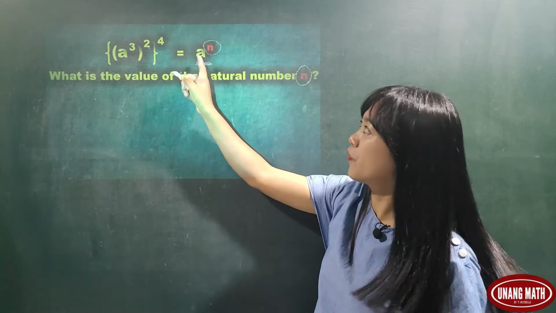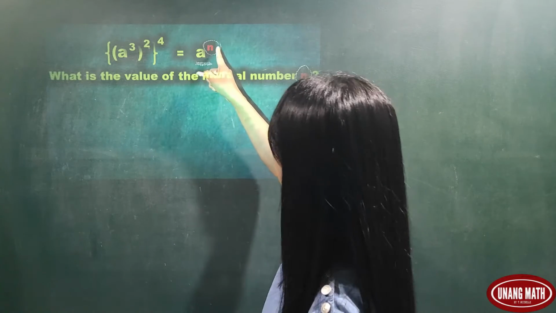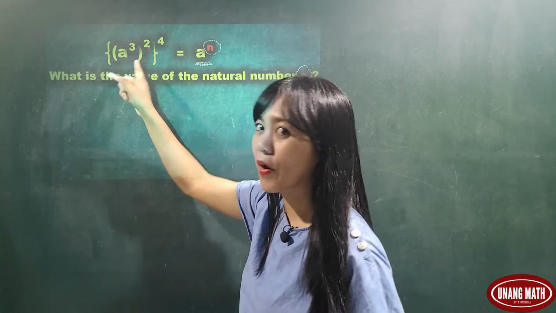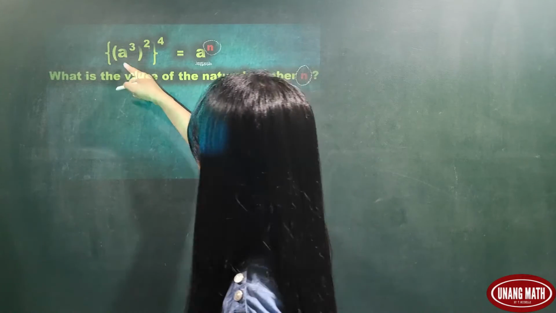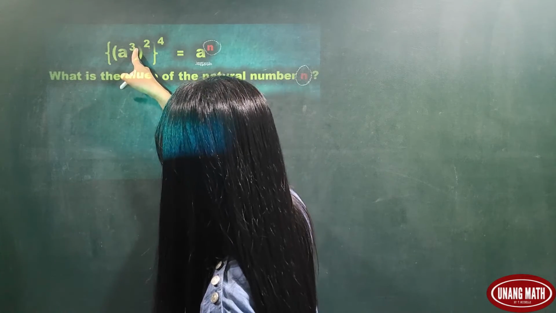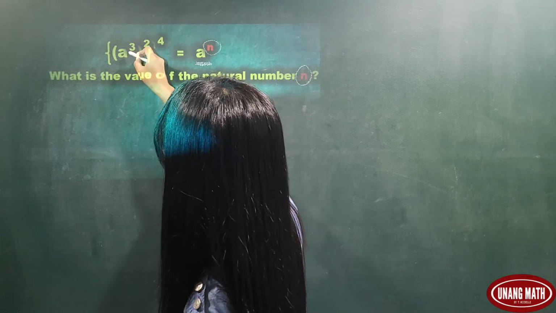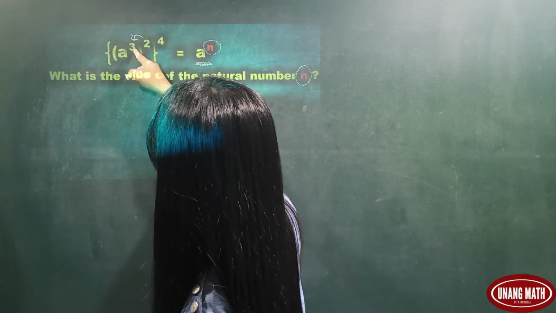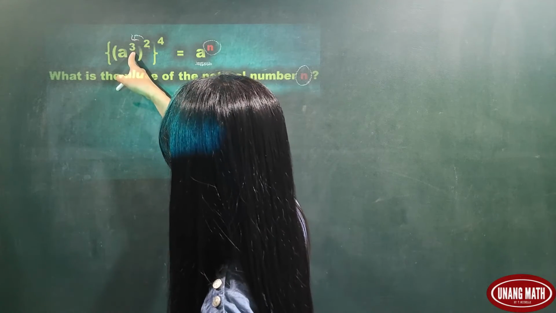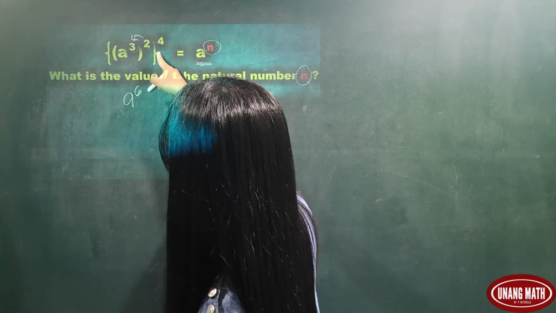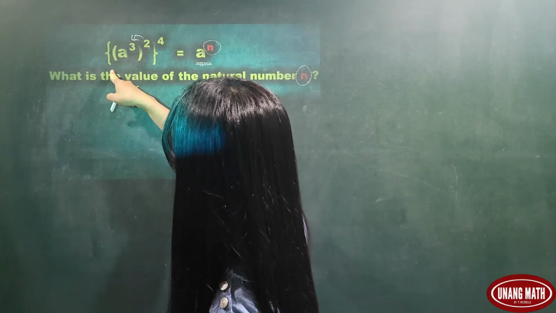In order to find the value of n, what we need to do first is, this is a power of a power rule. So a raised to the power of 3 inside the parenthesis, and it's raised to the power of 2. We have to simplify this one first. So that means 2 times 3. So this is a raised to the power of 6. And take note, we have here a curly bracket.